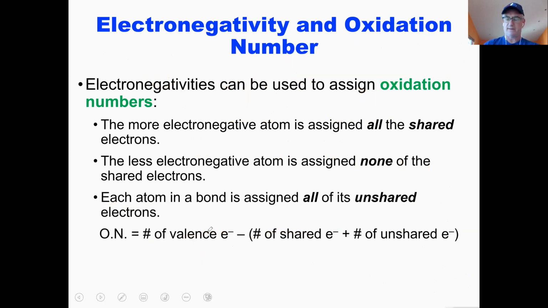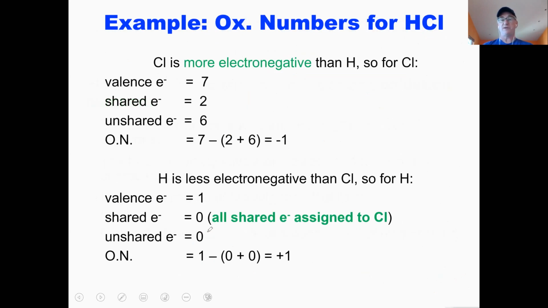It's a little easier. Here we're just dealing with hydrogen chloride, or HCl. Chlorine has 7 valence electrons, and hydrogen has 1.